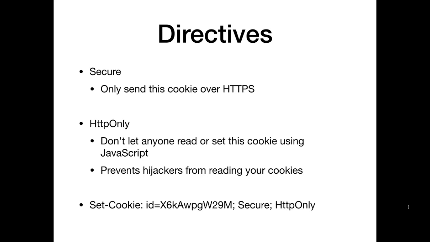They're going to respect secure and HTTP only for us. But it is up to the developers of the browser. There's nothing saying they have to. The documentation says you definitely should respect these, but the developer doesn't have to write that code. So one thing to be aware of: users using outdated browsers, this might not be enough to protect them.